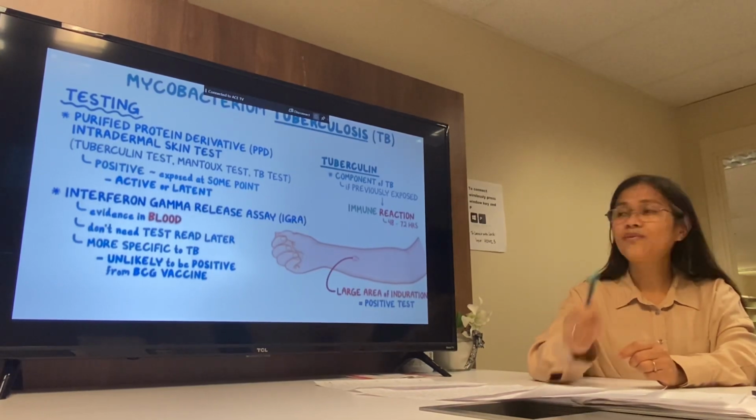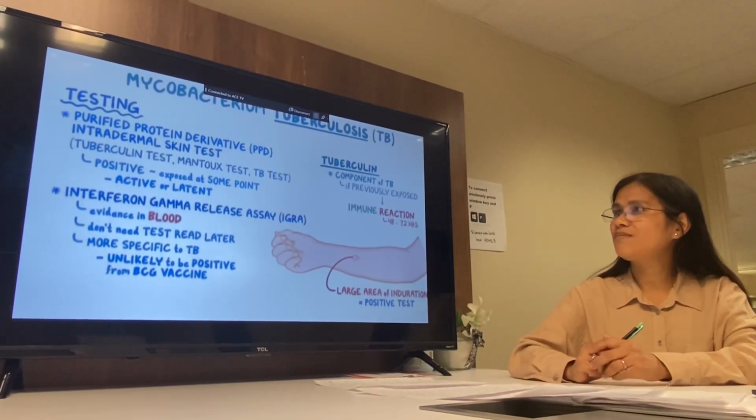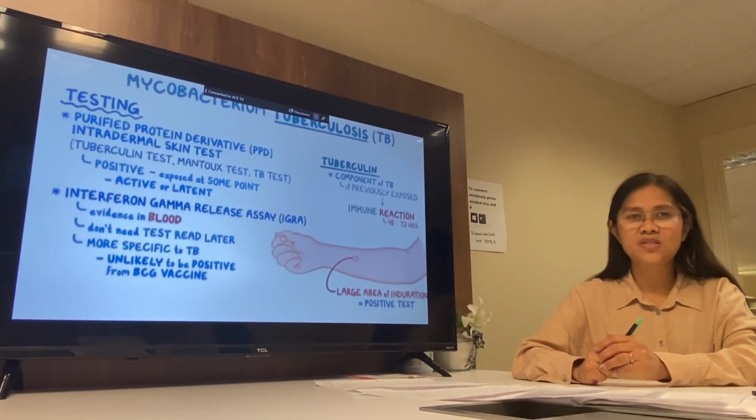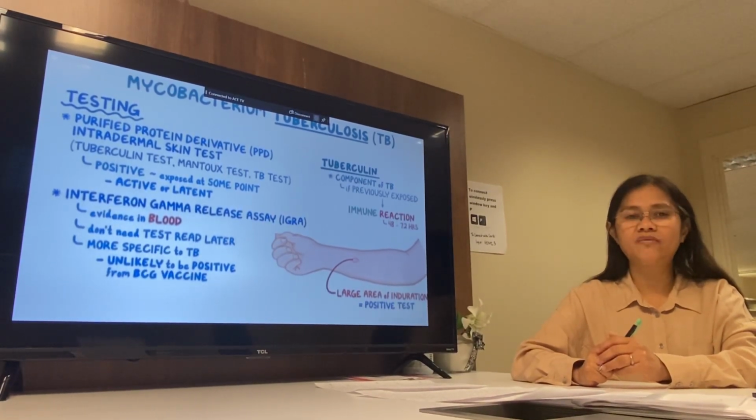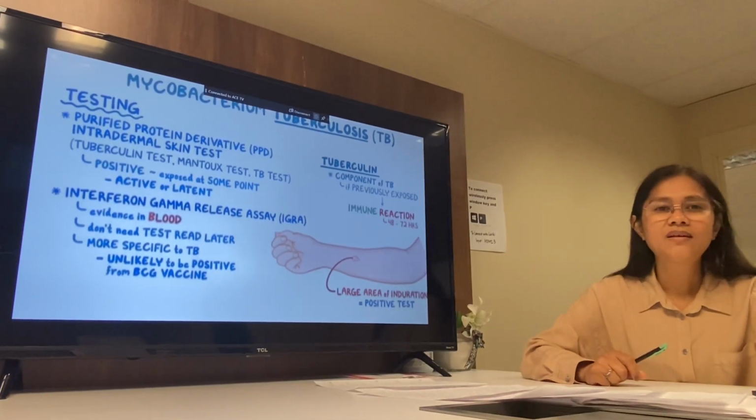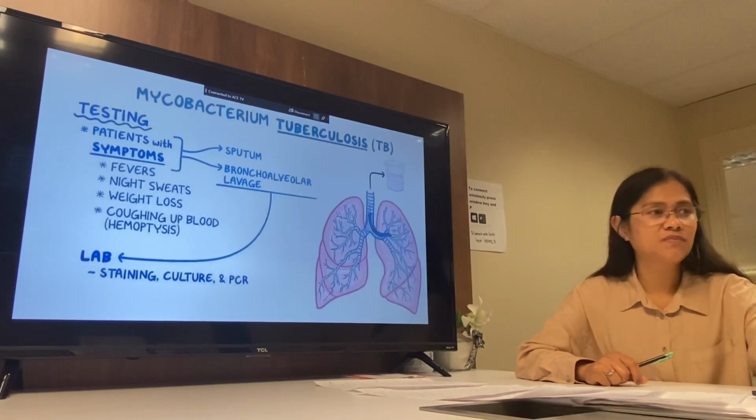Whenever a person tests positive for PPD or IGRA, an X-ray needs to be done to really confirm if the person has TB infection.